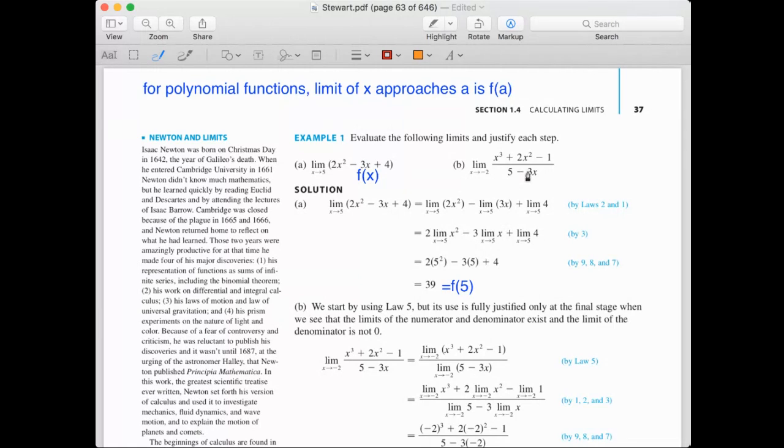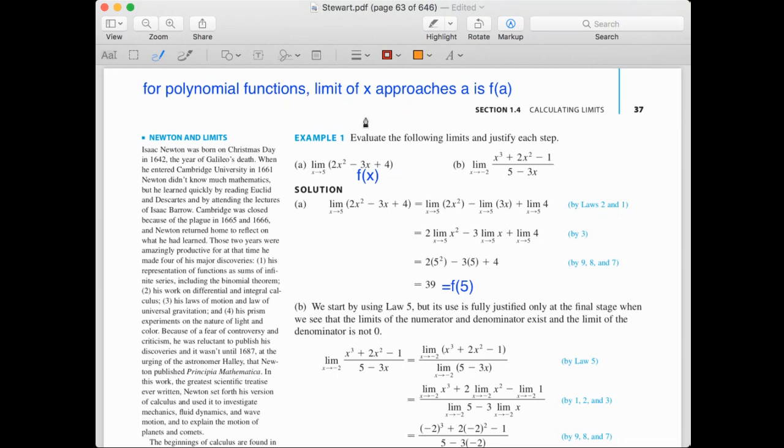Well, let's see b. b is a rational function. It's asking, okay, x approaches -2. Well, let's try -2. Let's see if -2 is in the domain of this function. Well, -2 times -3, that's positive 6. 5 plus 6, that's 11. No problem. So the limit at -2 is just the evaluation of this function because -2 is in the domain.